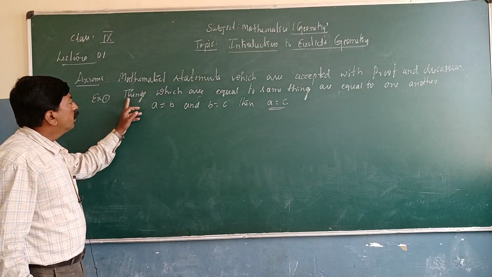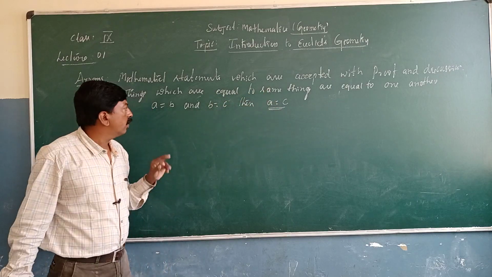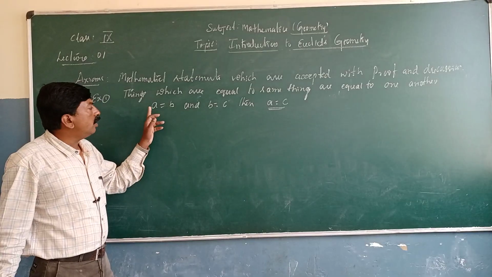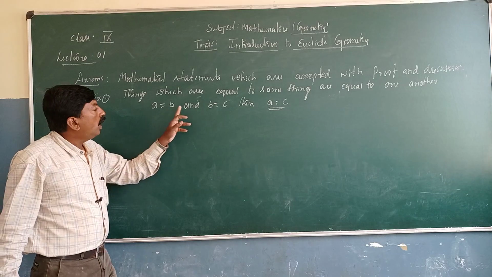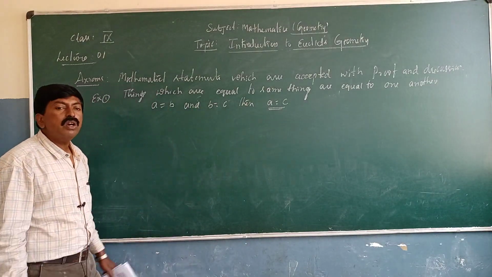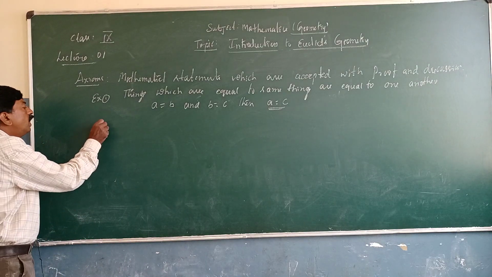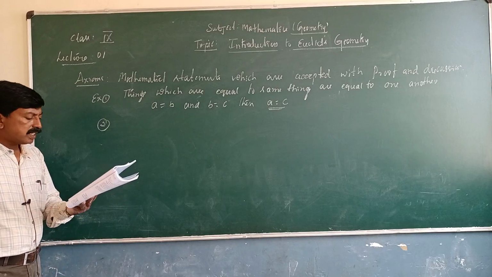Observe carefully. Here I have taken A and B equal, and B and C also equal. Then I can say A and C are also equal. And let us go on to the second example.